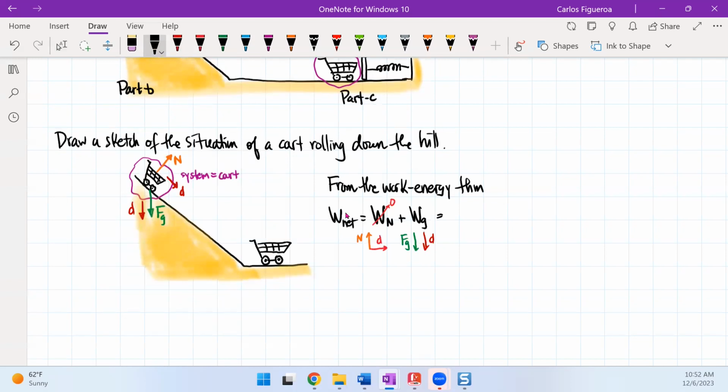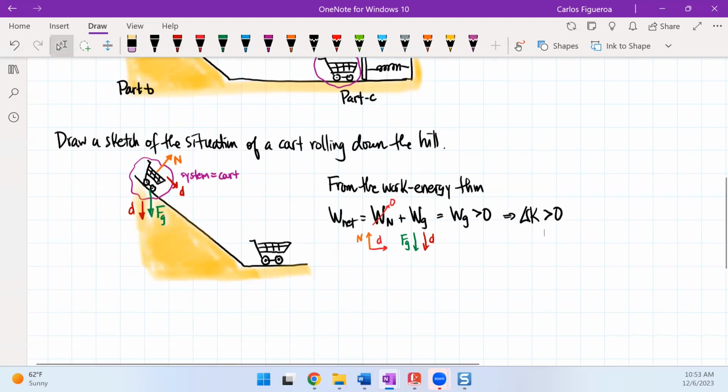That implies that the work of gravity must be positive. And because it's positive, that implies that the change in kinetic energy is also positive. So now, writing this in words, this is what I mean by this.